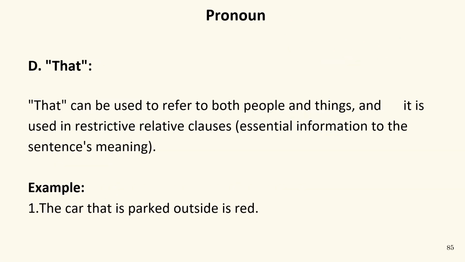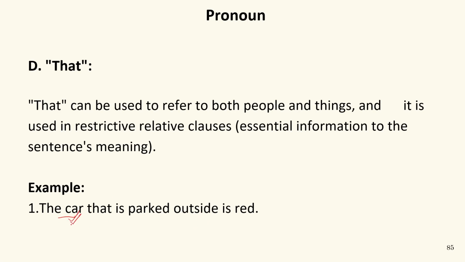Now we use that. That can be used in various ways. That can be used to refer to people or things, and it is used in a restrictive relative clause. The car that is parked outside is red. It means I'm talking about the car that is parked outside.